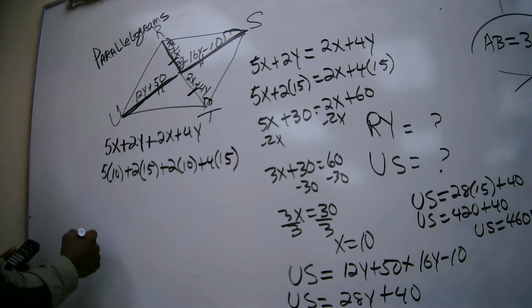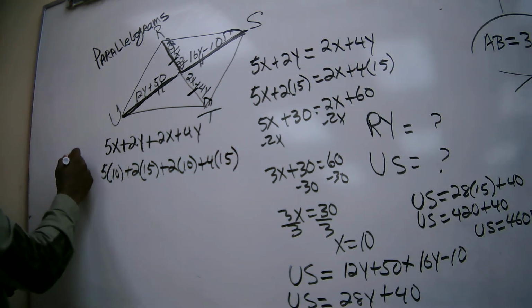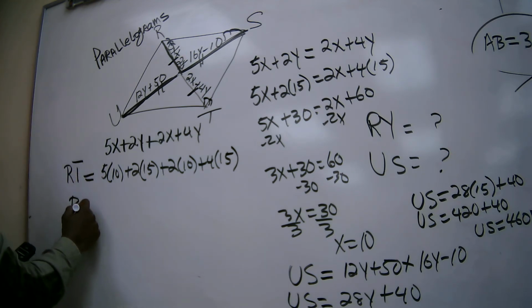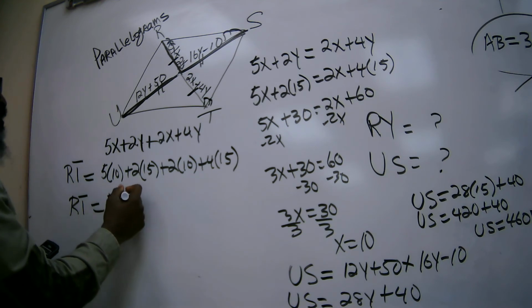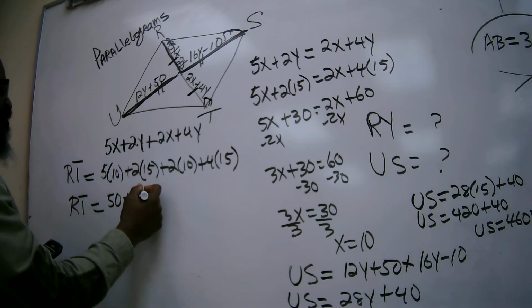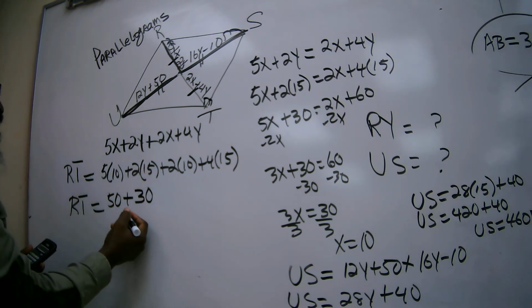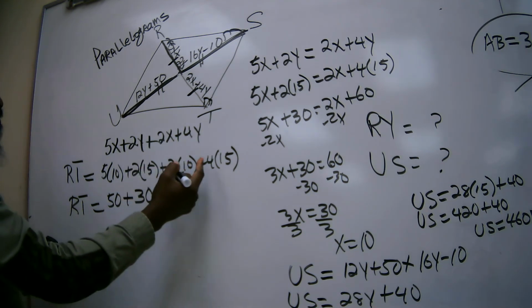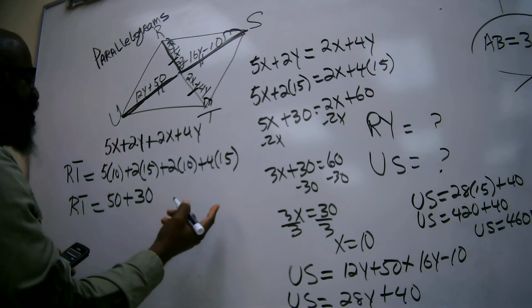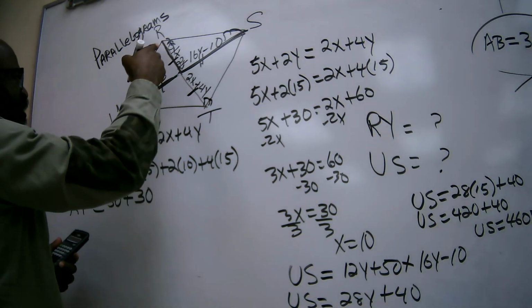That will give you RT. 5 times 10 is 50 plus 2 times 15 is 30, that will give you 80. Then you multiply by 2, that will give you 160. Remember, those are the same.